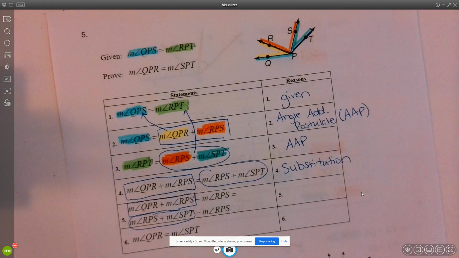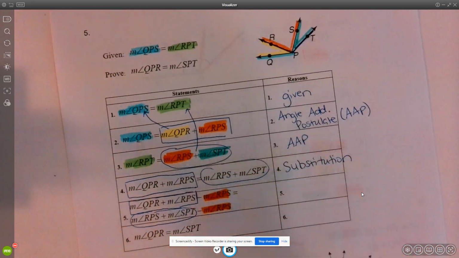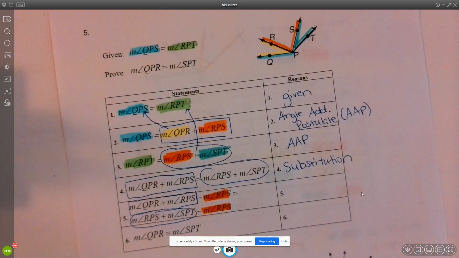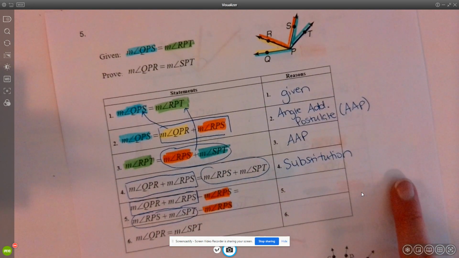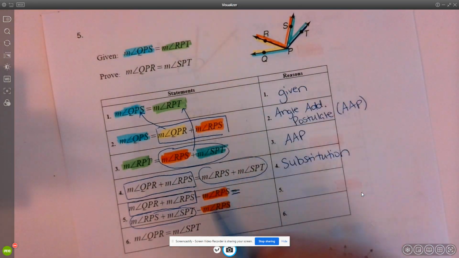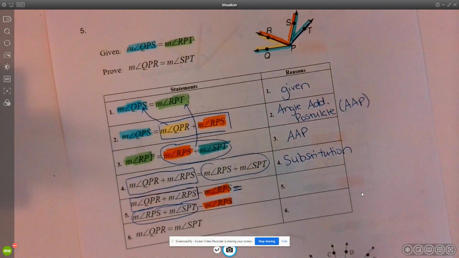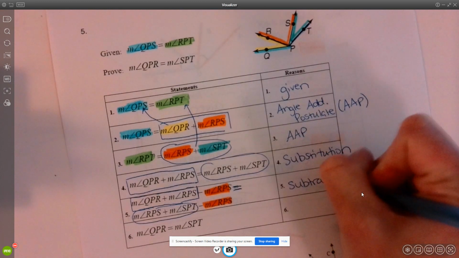Well, I notice that the measure of angle RPS is being subtracted on both sides of the equal sign. I know it's weird to see because we didn't have enough space to put it all in a line, but here's the equal sign. So this is being subtracted on both sides of the equal sign. Well, when you subtract something on both sides of the equation, you're using the subtraction property.